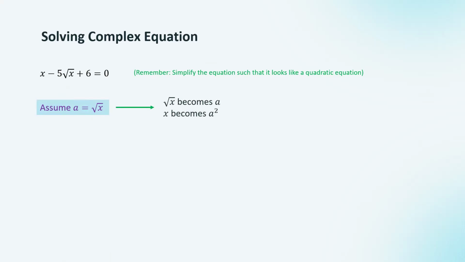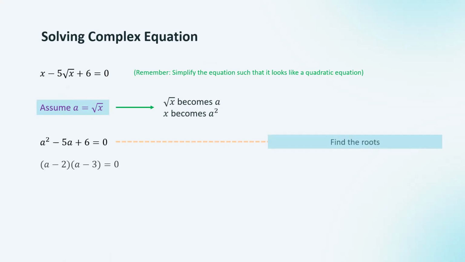So we can just try to substitute and we have a very nice quadratic equation. After this, we can try to find the roots with whatever methods that we have learned before. And this becomes (a minus 2) times (a minus 3) equals 0, and we get a equals 2 or a equals 3.